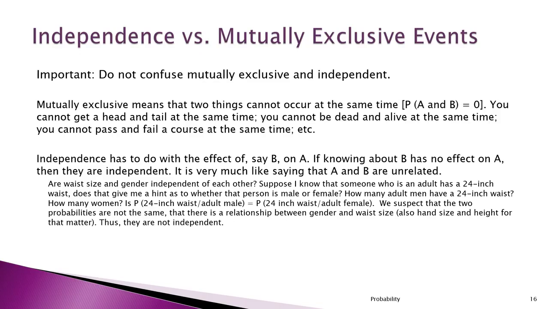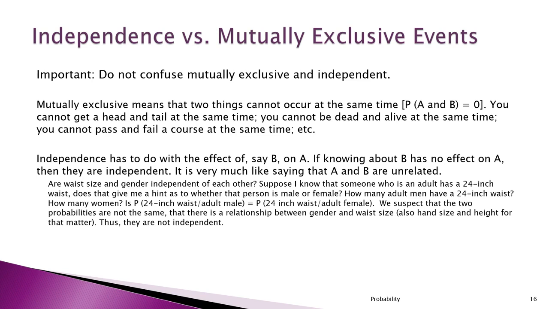So the example we have here is waist size and gender. Are they independent of each other? Suppose you know that somebody who's an adult has a 24-inch waist. Would that give you a hint as to whether that person is male or female? Well, we can figure that out, because we know that the probability of having a 24-inch waist, given that you're female, is not the same as the probability of having a 24-inch waist in general, or the probability of a 24-inch waist given that you're male.